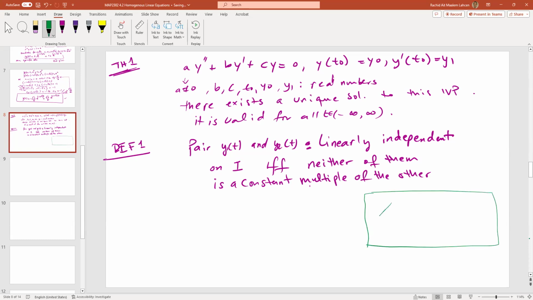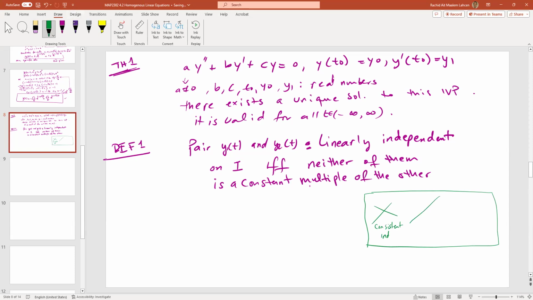Some linearly independent. In the past, like something consistent independent. If you get a case like this, then you know you have a solution.